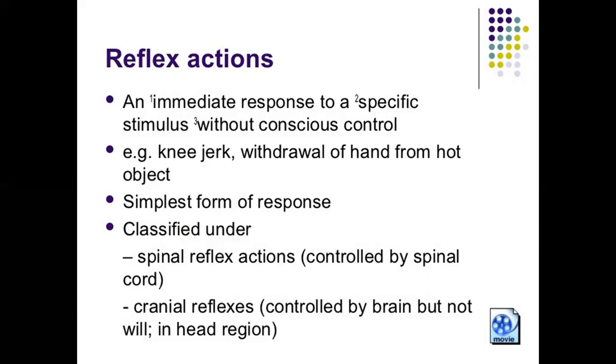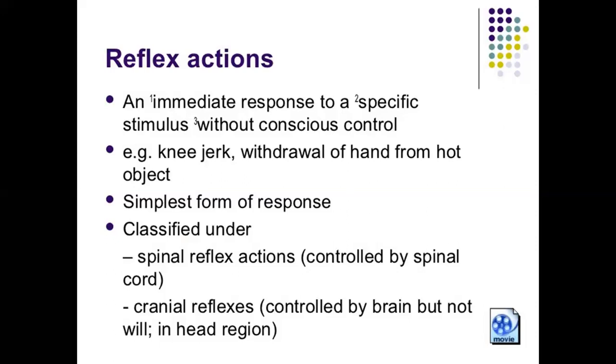Now what about the involuntary actions or involuntary muscles? When the action is not under the control of our will, nerve impulses do not reach the higher center, the brain. Then in this case, who is the coordinator? The spinal cord. These are called involuntary actions, and involuntary actions are controlled by the spinal cord.